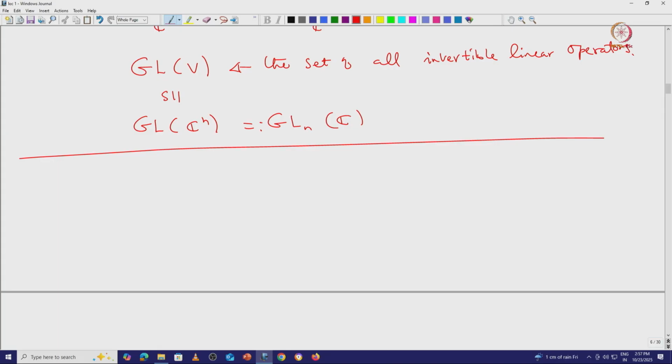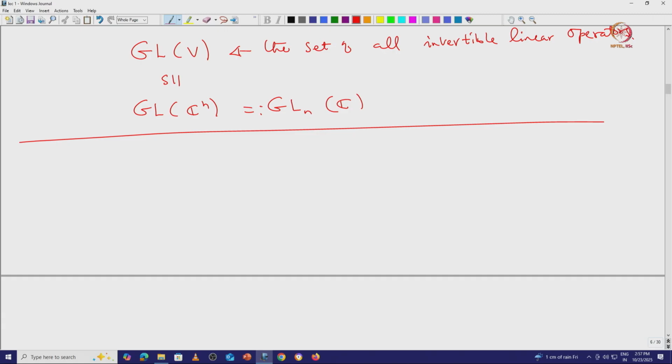For that, let us take three spaces instead of two, because we want to talk about composition of linear maps. Let us take U, V, W to be finite-dimensional vector spaces defined over complex numbers.